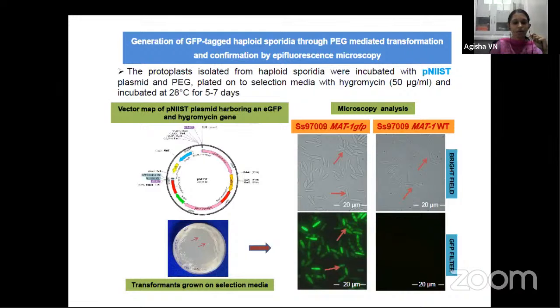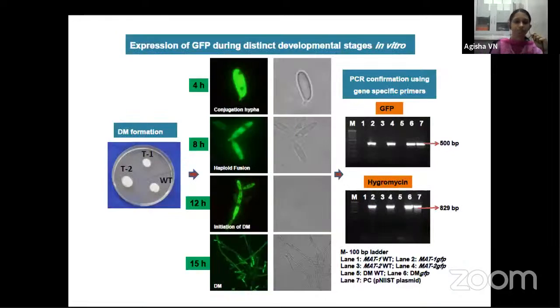The transformants grown on selection media were analyzed under an epifluorescence microscope. Here we got bright fluorescence with the transformants, but no green fluorescence with the wild type isolate. Further, the expression of GFP during distinct mating type developmental stages in vitro was confirmed. The GFP tagged haploid sporidia were able to fuse and form dikaryotic mycelia on the plate.